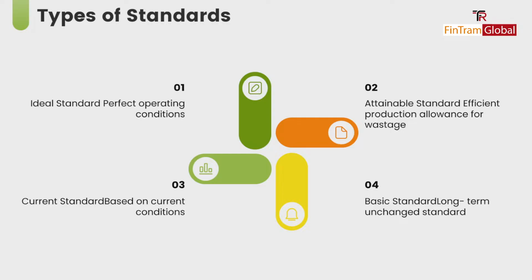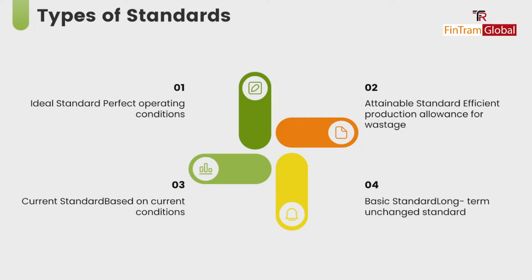But the problem with ideal standards is that chances are it may not be achievable, right? Chances are there would be too many adverse variances because practically it may not be achievable. Why? Because there's always something that goes wrong, right? We may plan something, but something else happens. So that's basically the idea. That's why ideal standards are considered to be unachievable in most cases.